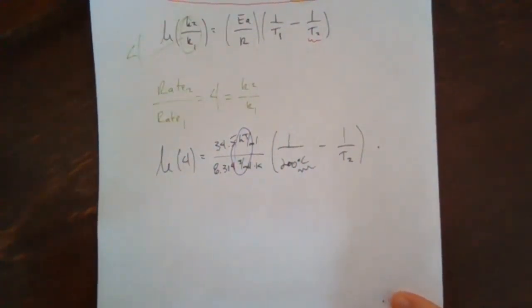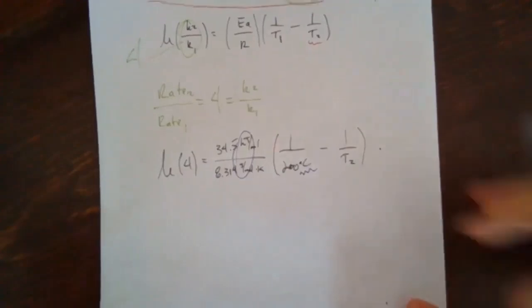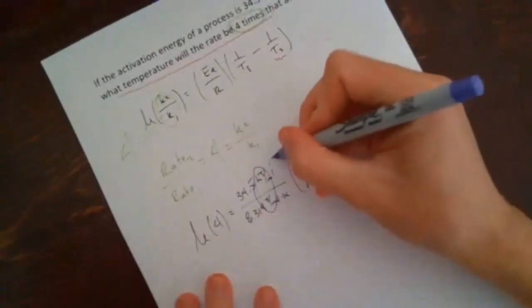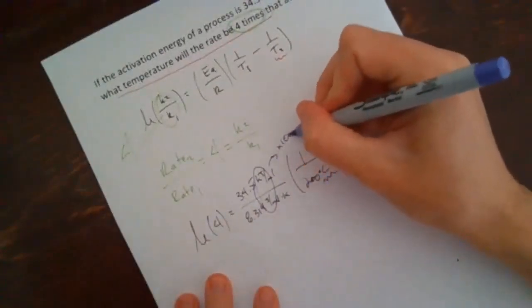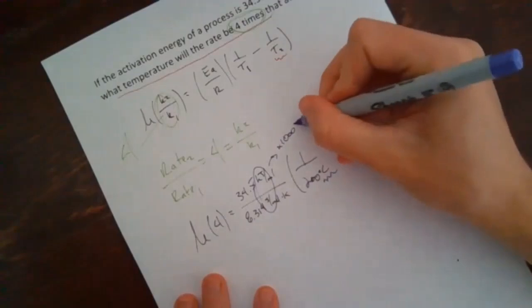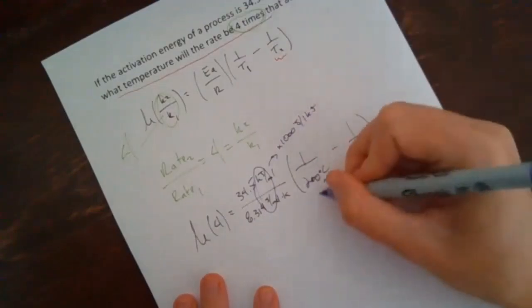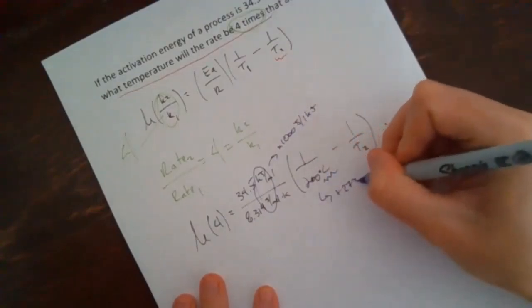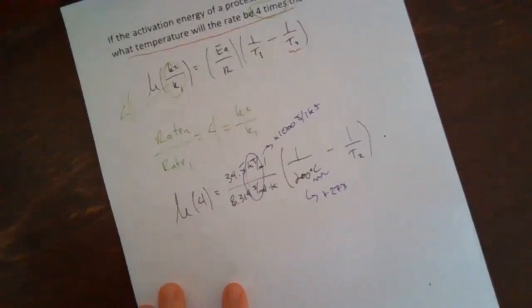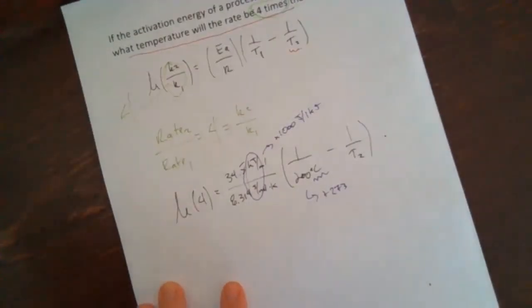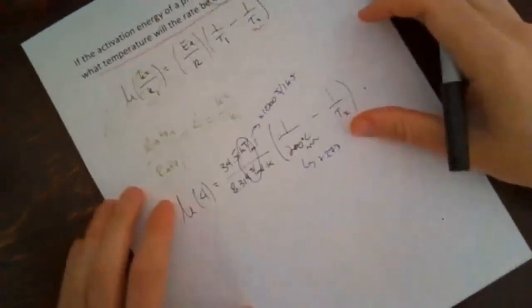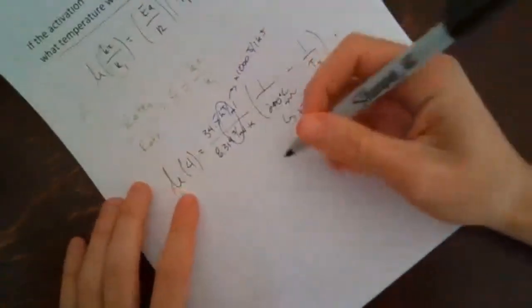That should be Kelvin. So in this case, the kilojoules, I would need to multiply by 1,000, because that's joules per 1 kilojoule. And here I want to add 273, because that is my conversion from degrees Celsius into Kelvin. Generally, whenever we are working with temperature in an equation, we always need Kelvin.